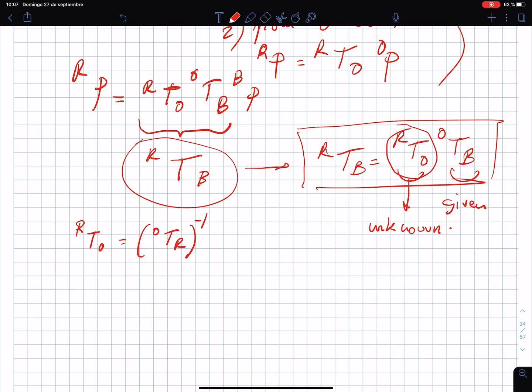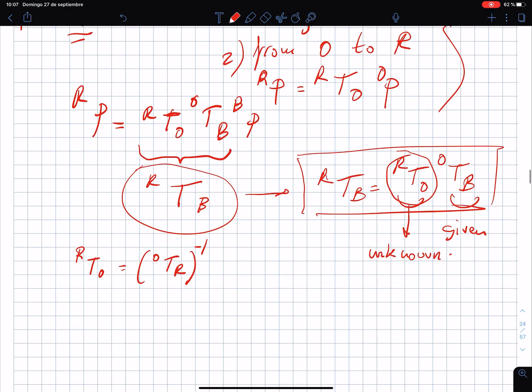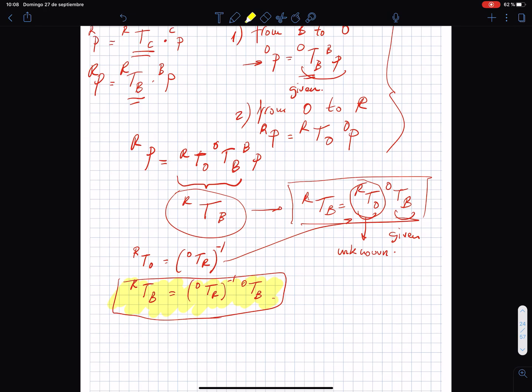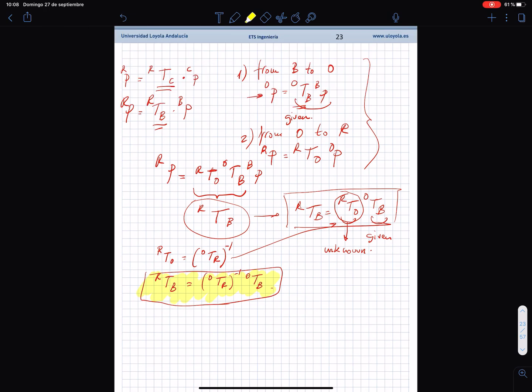It's the inverse. Just invert any changing coordinates relation, and you will have the opposite change, right? So now we substitute this in here, and we end up having RTB equals 0TR to the -1 and 0TB. And this is the solution to the first question about computing RTB.